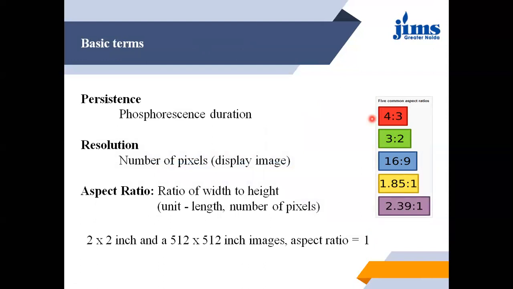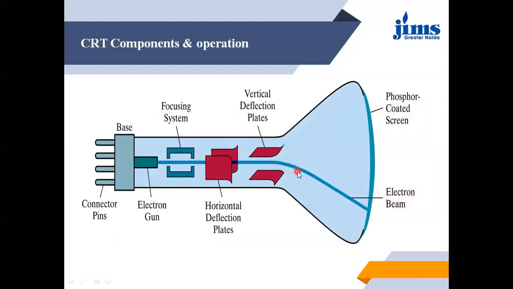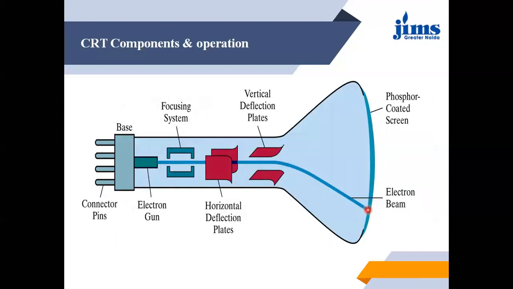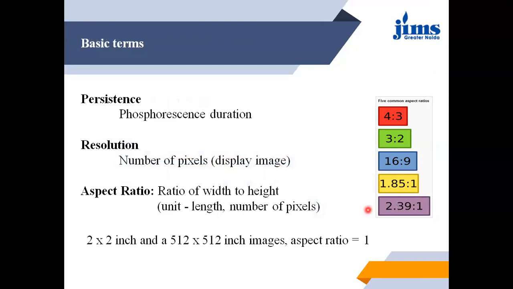There are some basic terms related with the display device. Persistence means whenever a beam strikes the phosphorus, for how much duration that pixel is going to glow.